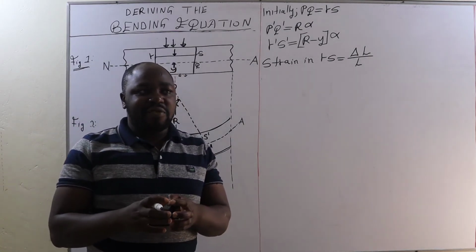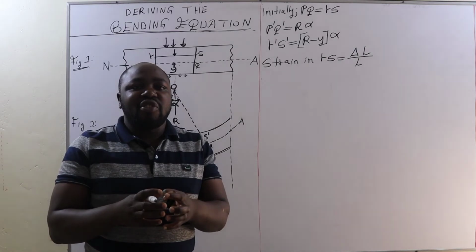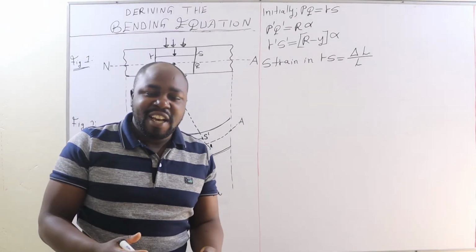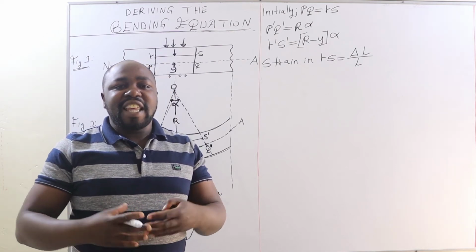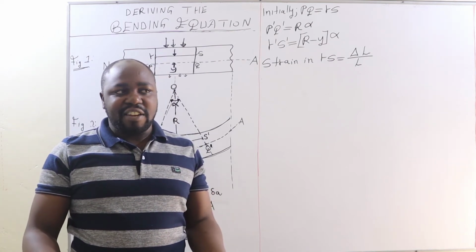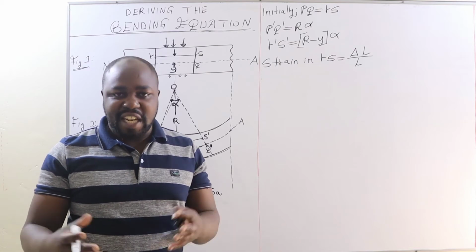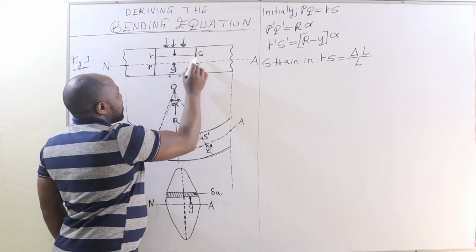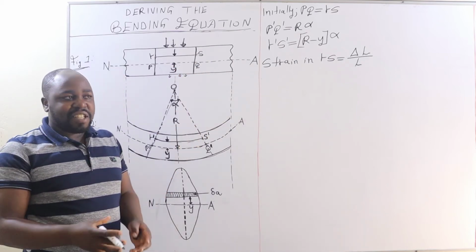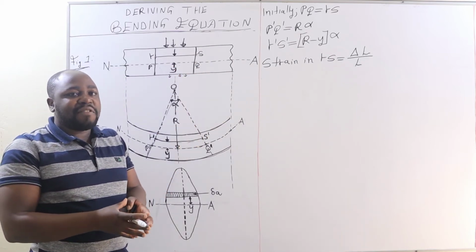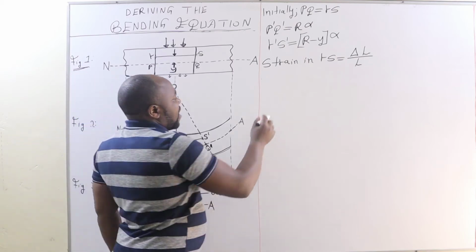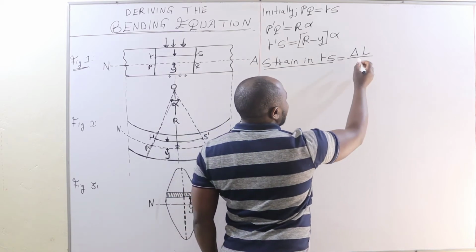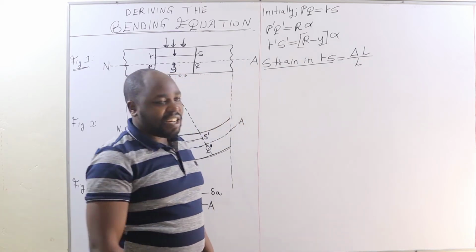That is the reason it is known as the neutral axis, and therefore at the neutral axis there is no strain. The neutral axis is not deformed in any way. Therefore, the layer RS will be deformed because it is subjected to compressive stress, and the strain in RS will be given by change in length divided by the original length.